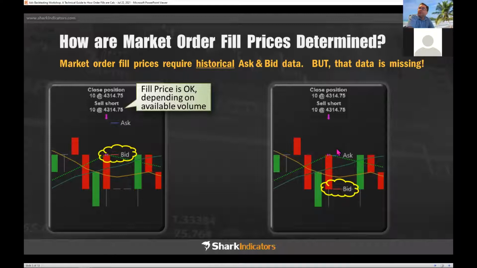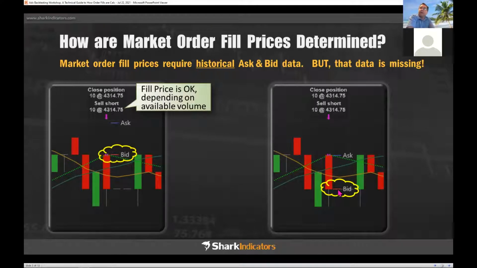So if the ask is up here at the open, when you're selling at the market you're going to get filled down here at the bid. And that's a two-tick difference, so your P&L is off by 2 ticks. And that can add up.